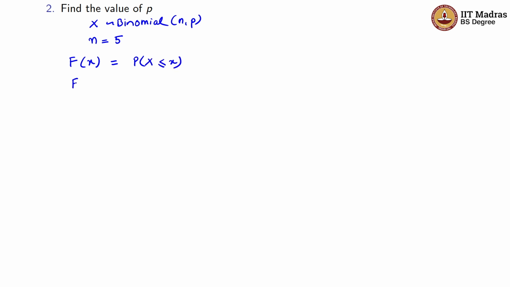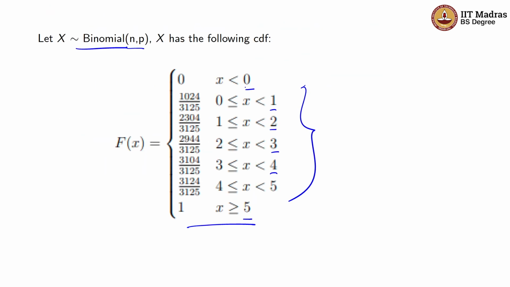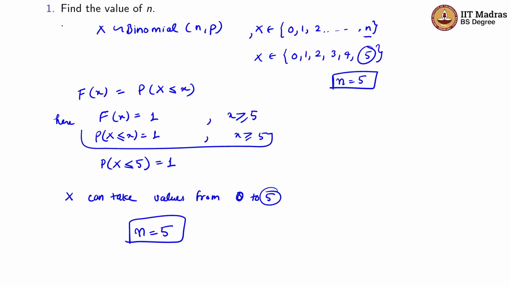So if we have to find the CDF at point 0, it will be equal to the probability X is less than or equal to 0. From the given CDF we can see that when x is less than 0, it is equal to 0, and when x is greater than or equal to 0, then it is 1024 divided by 3125.